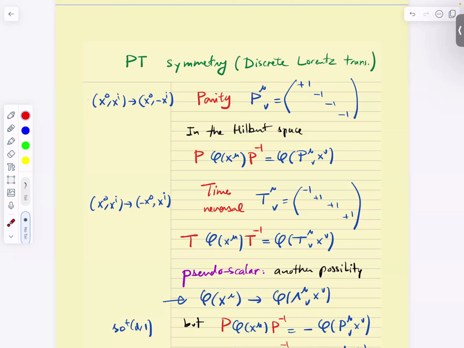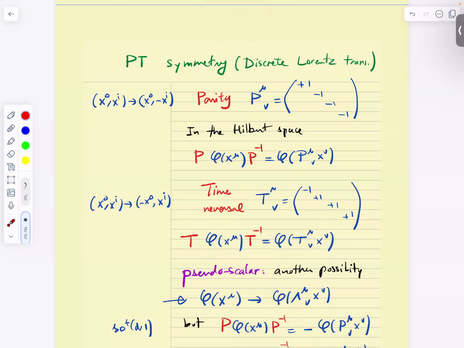In the Hilbert space, how does it act? On a scalar field, this is how it acts, right? So you immediately, and then T is like this, minus 1 plus 1, and this is how it acts on a scalar. So you immediately understood something here. When we say scalar field, we're not talking about the representation of SO+(d,1).